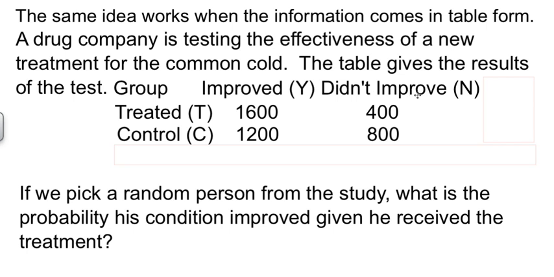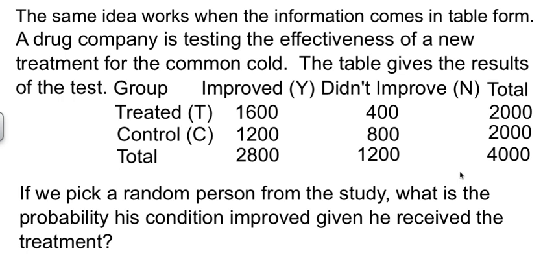When I get a table like this, I love to get the totals. It makes life a little easier for me if I have the totals. So there's 2,000 people in each group, treated and not treated, for a total of 4,000 people in the study. 2,800 people total improved. 1,200 in total did not improve.